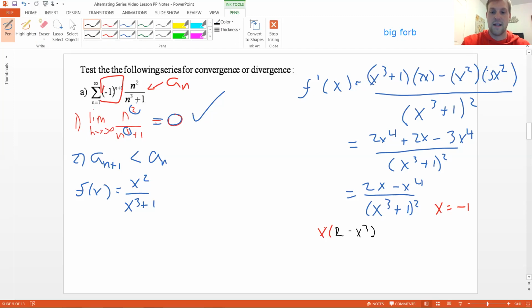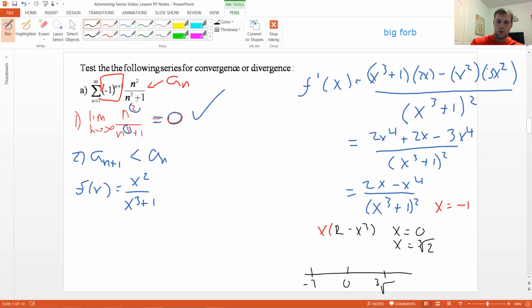And what makes that 0 is going to be x equals 0 and x equals the cube root of 2, I think? All right. So if I put that on my number line, I'm going to put -1, I'll put 0, and I'm going to put cube root of 2.